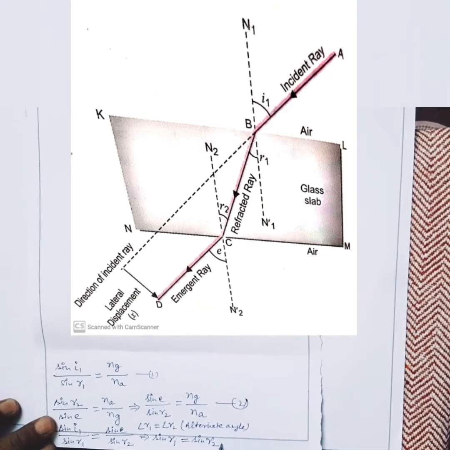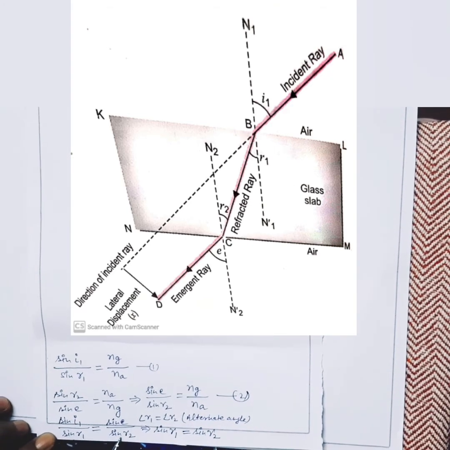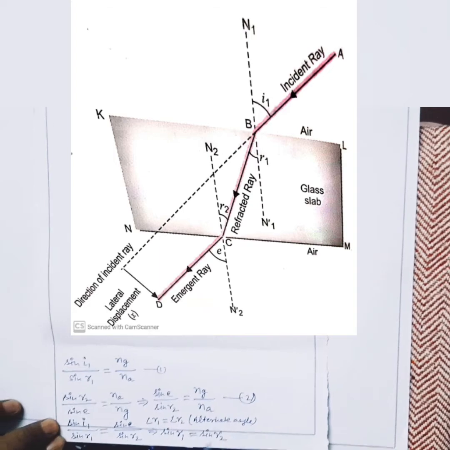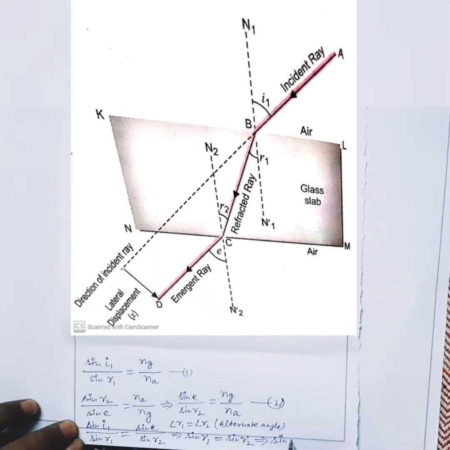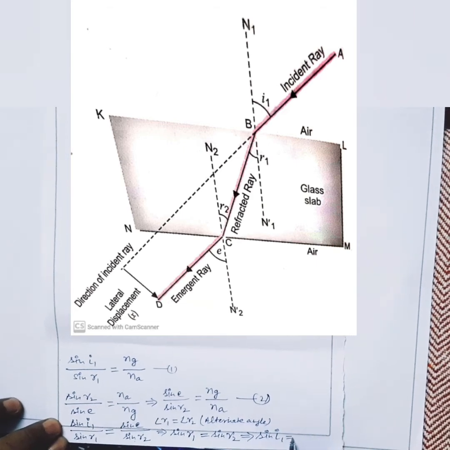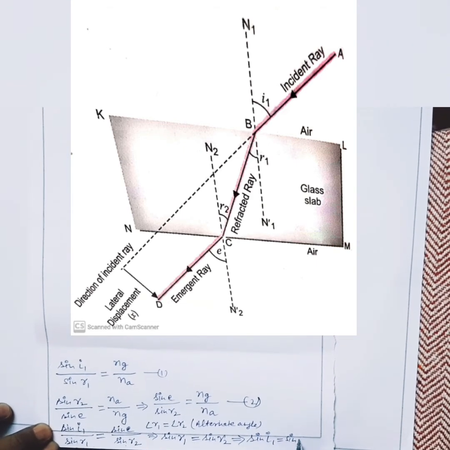So sin R1 is equal to sin R2, which implies that sin I1 is equal to sin E.